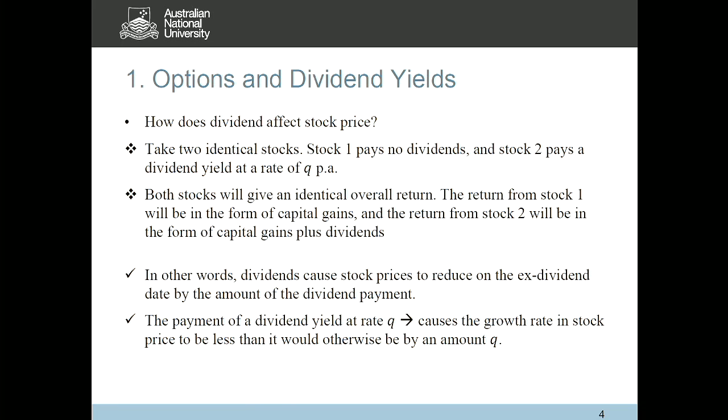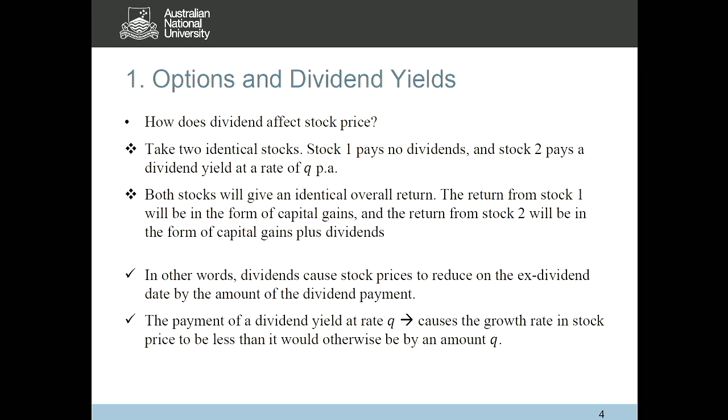Because if the company paid out the dividend to the shareholder, then the stock price has to adjust to reflect the fact that that amount of cash is no longer with the company. It will drop by the same amount as the dividend payment, because now this amount of cash is with the shareholder.